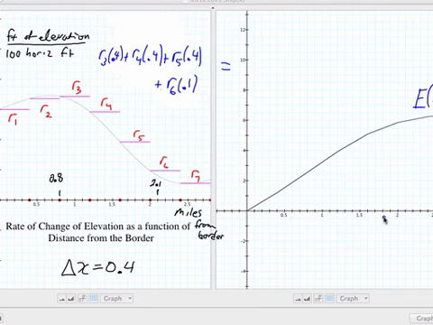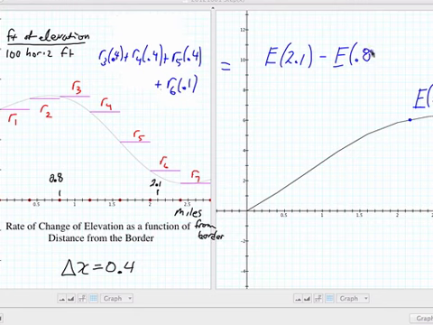Yeah, it'd be the total accumulated elevation up till 2.1, which would be that y value, minus the elevation at 0.8.